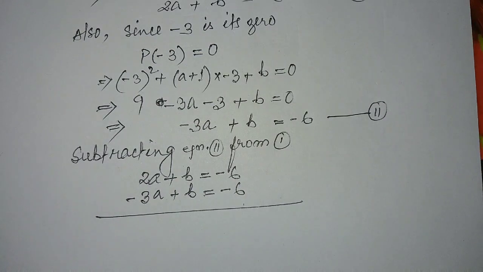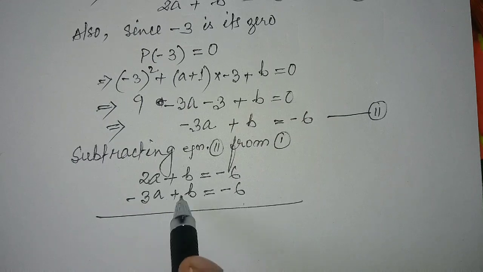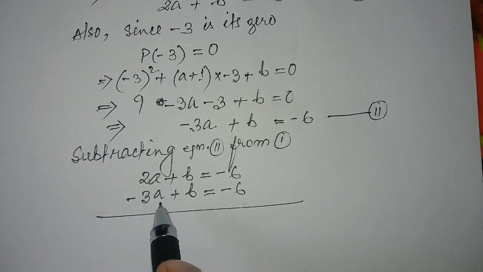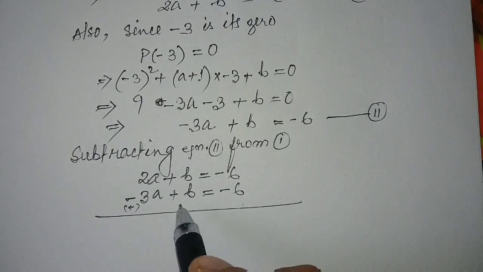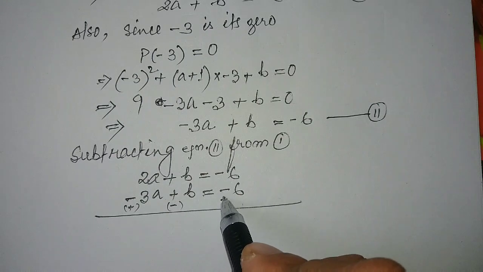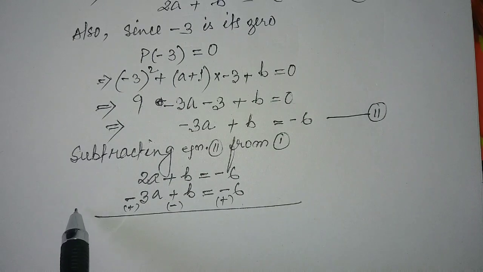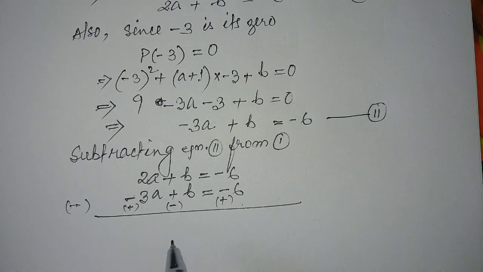So you should not forget that sign here, sign will change when you do subtraction. So this minus will be taken as plus, and this plus will be taken as minus, and this minus will be taken as plus. The reason is we are subtracting here, so when you multiply minus minus you get plus, minus plus you get minus, and minus minus plus.